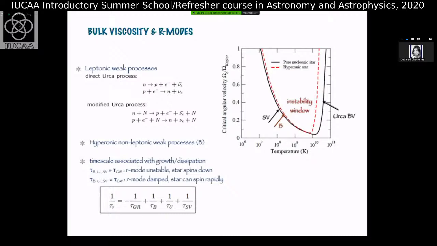present in all rotating neutron stars. So all rotating neutron stars are basically unstable with respect to rotation. And so once these rapidly rotating neutron stars are unstable to R modes, they emit gravitational radiation.